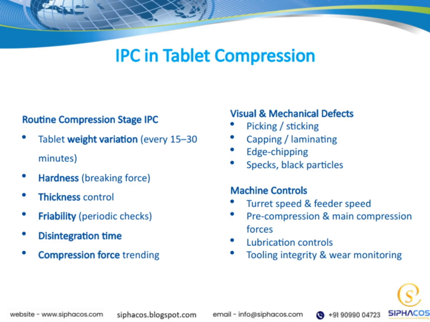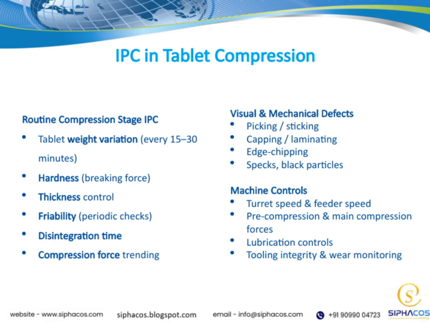For example, tablet weight variation should be checked every 15 to 30 minutes to catch any deviations early. Hardness, or breaking force, ensures tablets are strong enough without being too brittle. Thickness control maintains uniformity across batches. Friability testing, done periodically, assesses how well tablets resist chipping or breaking during handling.